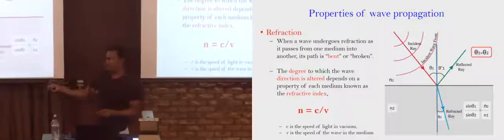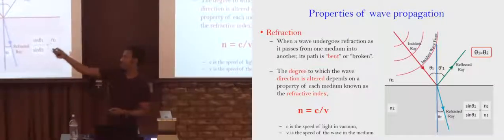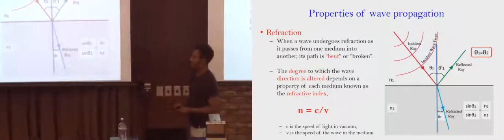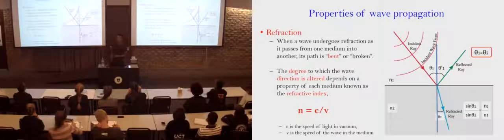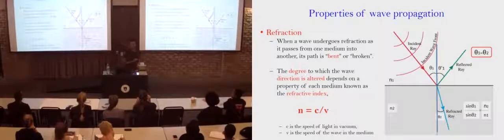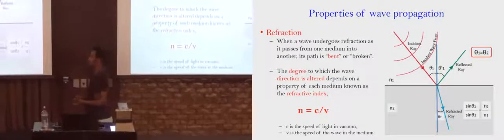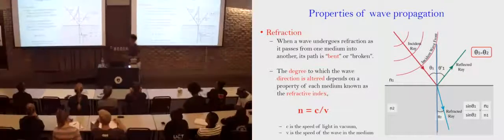N2 is the refractive index of this medium, and N1 is the refractive index of the other medium. These refractive indexes give information about the property of the medium: how much it can bend the incident light and how much it can attenuate the incident wave.